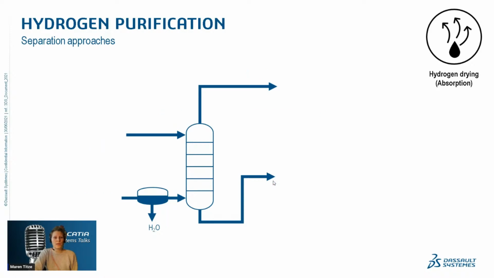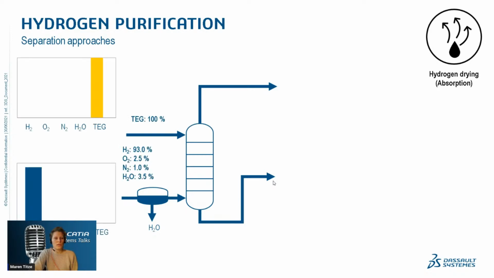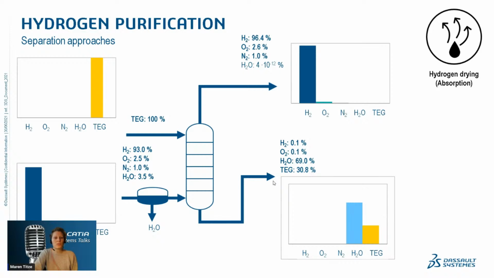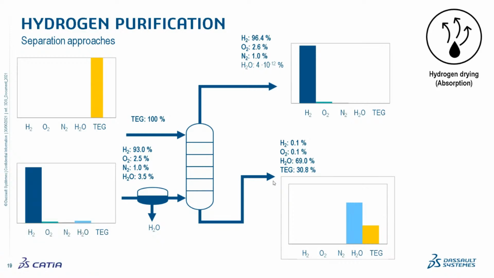If we look at the left system, we see we have pure glycol going in and the same mixture we saw before. What comes out is dry gas. We see that what we removed from this gas is only the water, and we have a very low water amount here. At the bottom, we have a mixture of water and triethylene glycol, still with some small impurities.